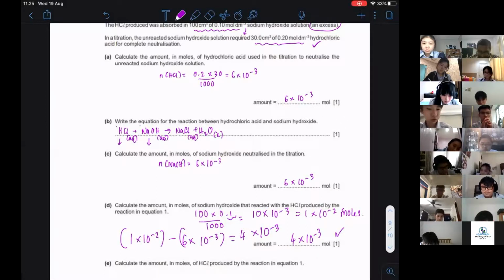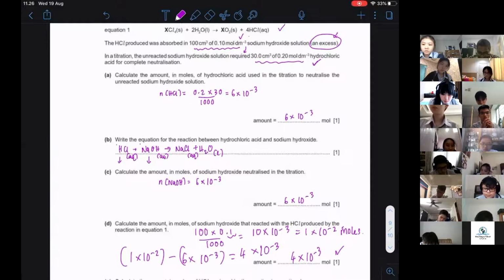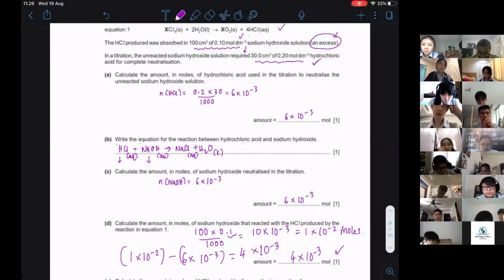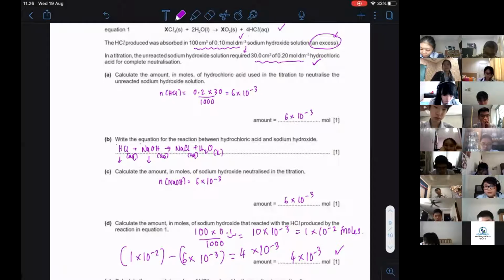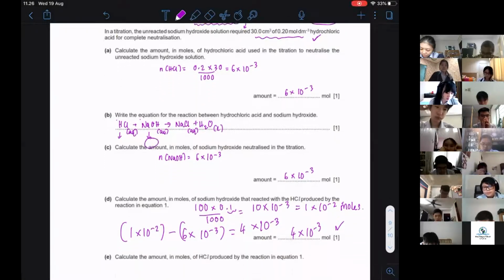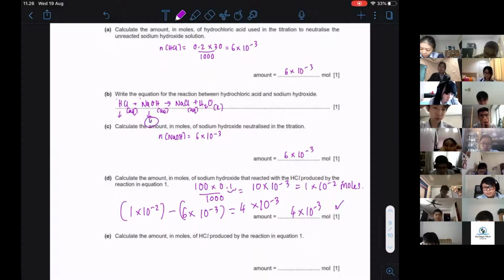So now I found out the number of moles of the HCl produced that was absorbed by this sodium hydroxide. The sodium hydroxide that reacted is 4 times 10 to the power of -3.